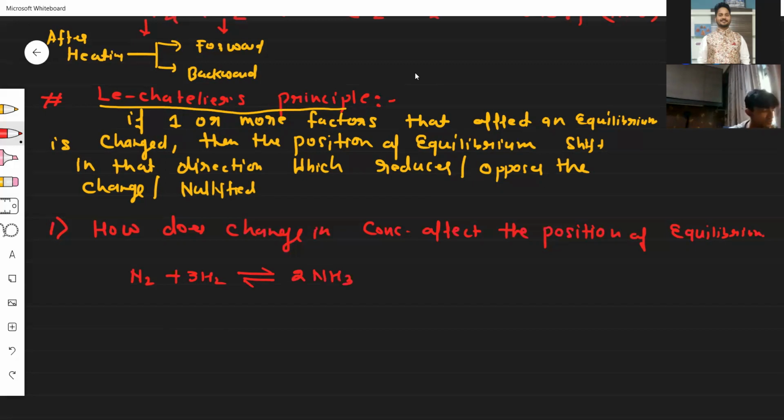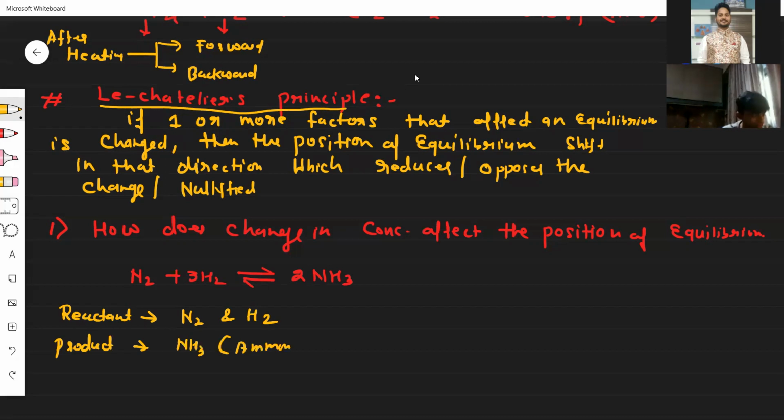Here the reactants are nitrogen gas and hydrogen gas, and the product is ammonia gas. The things which are getting consumed are nitrogen and hydrogen.